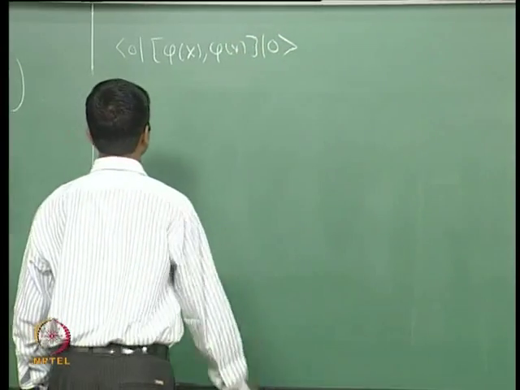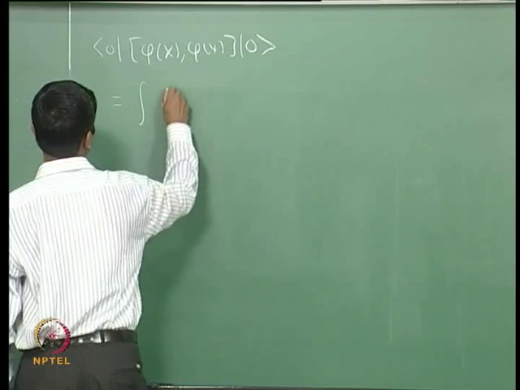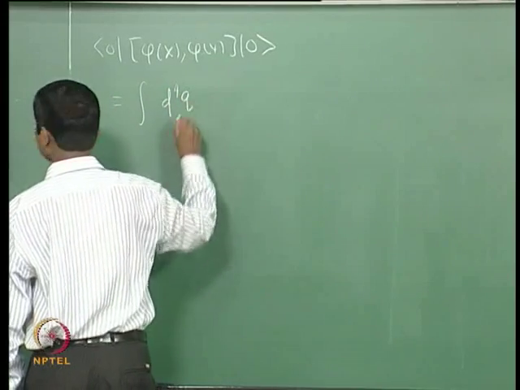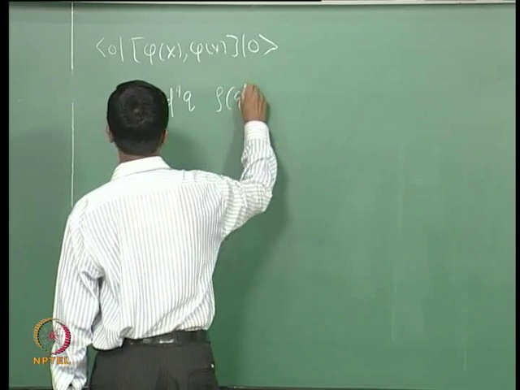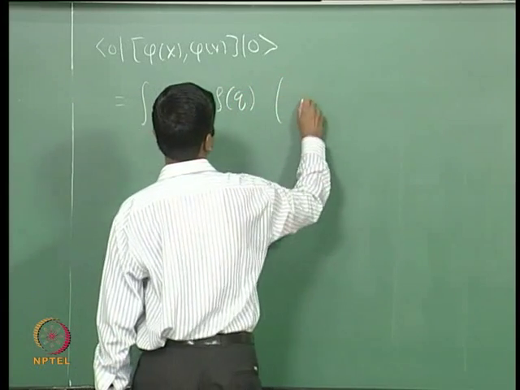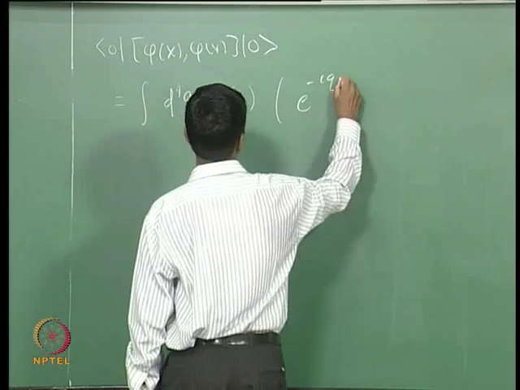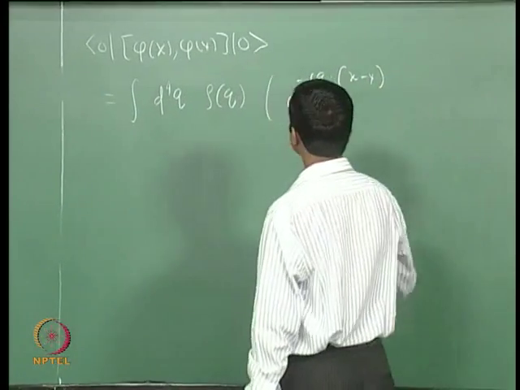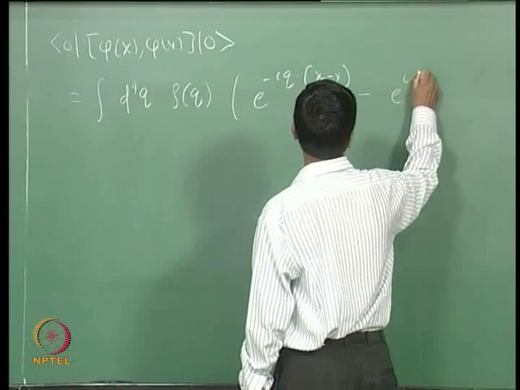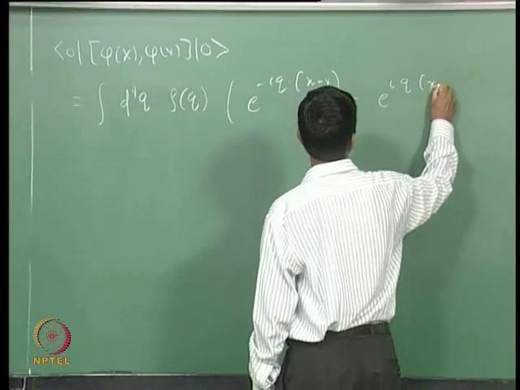This quantity is equal to integration d4 q, rho of q, times e to the power minus i q dot x minus y, minus e to the power i q dot x minus y.